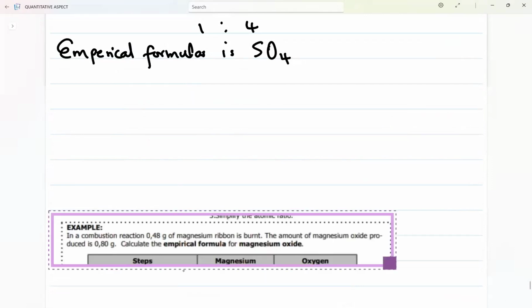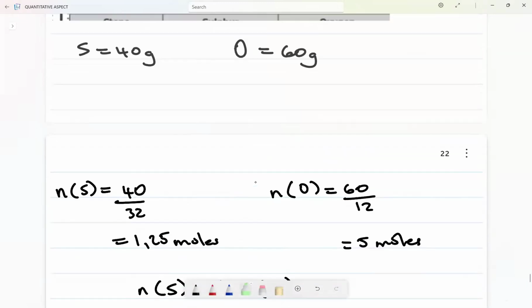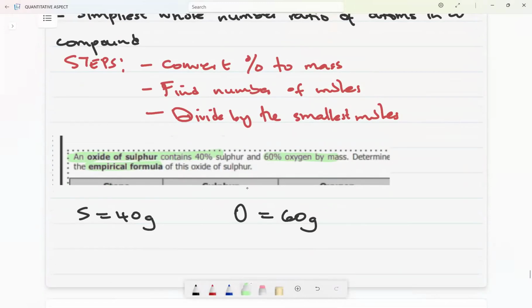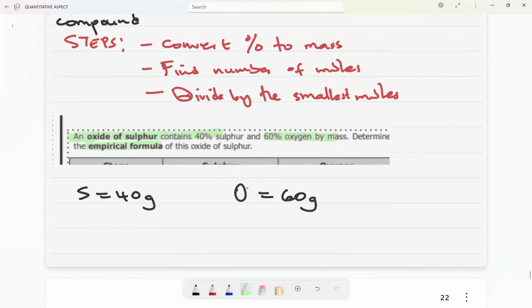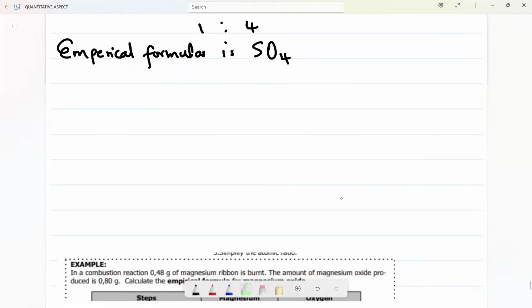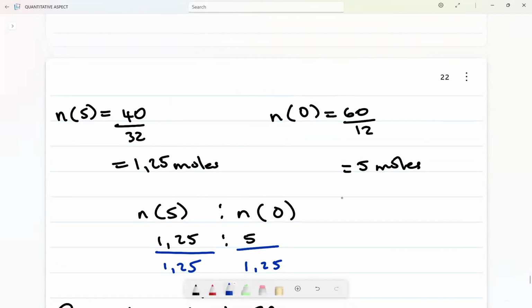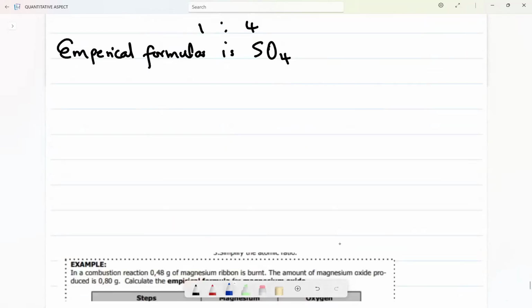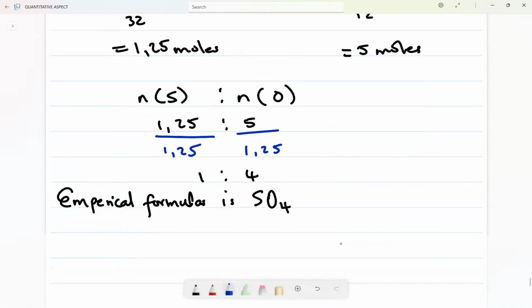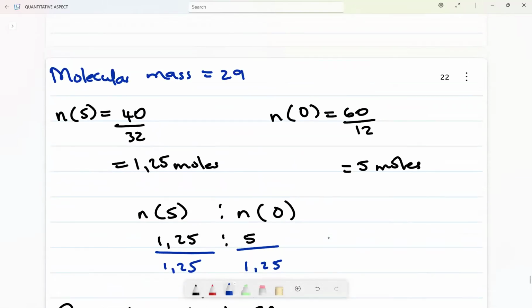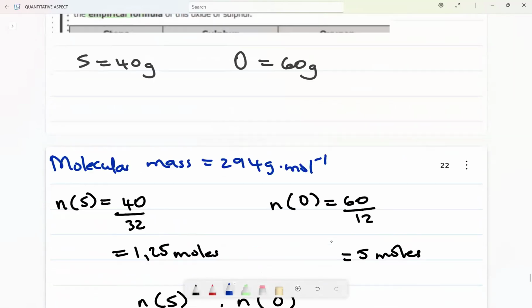Before we go to this question, let's say you are given that the molecular mass, I'll write it here, is equal to 294 grams per mole. Now let's find the molecular formula.